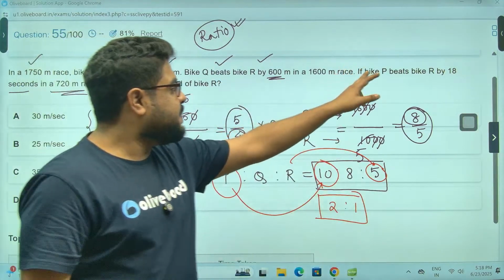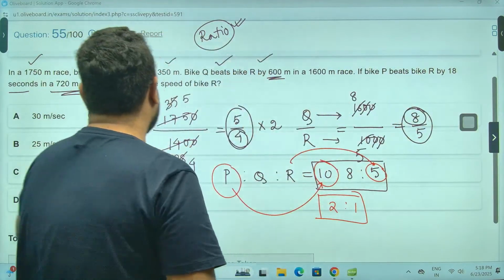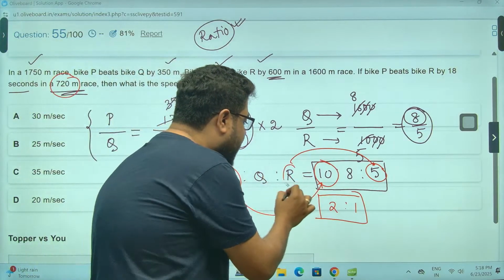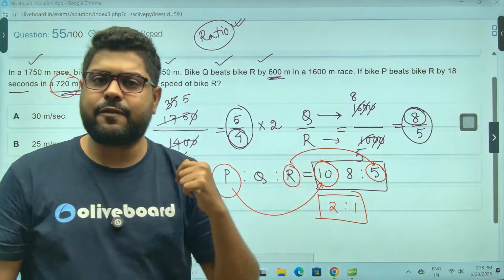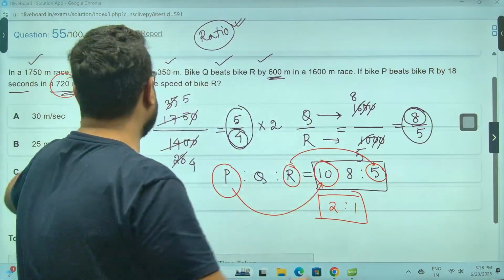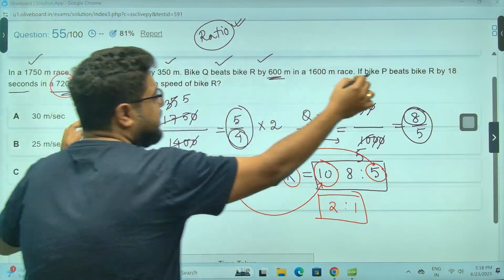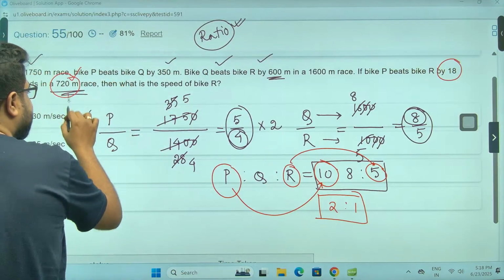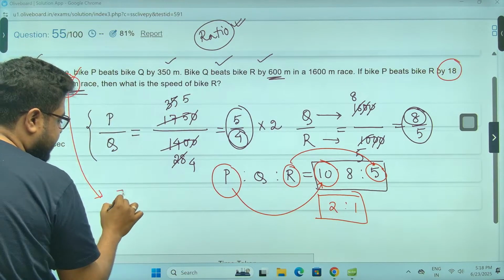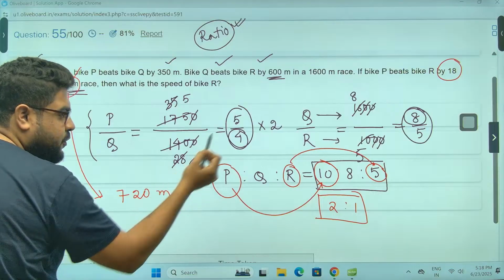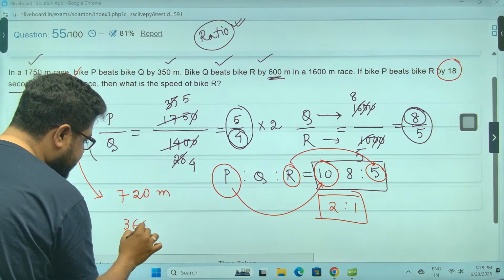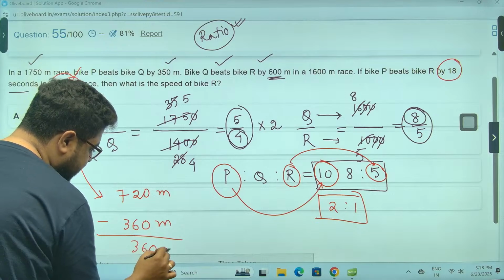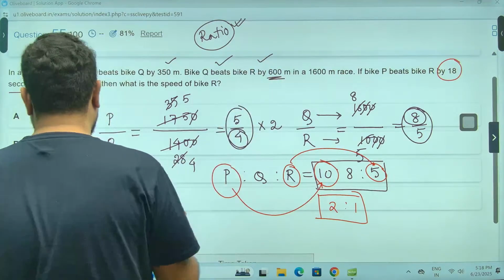Meaning by the time P goes this whole 720 meters, R will go half the distance because speed is half. So by the time P goes 720 meters, R will go half that, meaning 360 meters. So he will get beaten by 360 meters. I don't need that time.